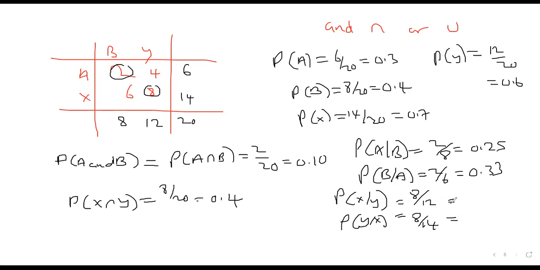Are we together? What do we get? 0.67, 0.57.